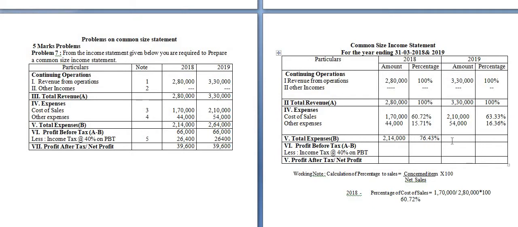Next one is 2,10,000 plus 54,000 is equal to 2,64,000.